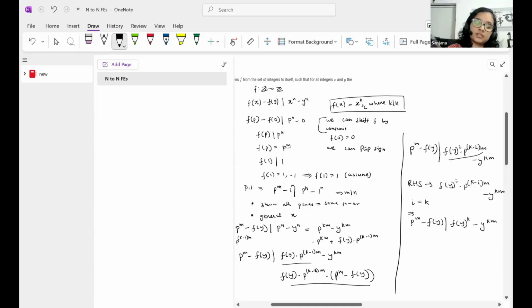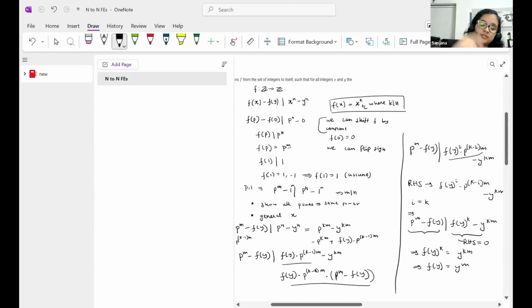So now the thing is, p can be any prime. You can take p to be any very large prime, and you know that the size of this must be at most the size of this. So this is not possible when you take p to be very large, which means the RHS must be equal to 0, which means f of y raised to k is equal to y raised to km, which means f of y is equal to y raised to m.